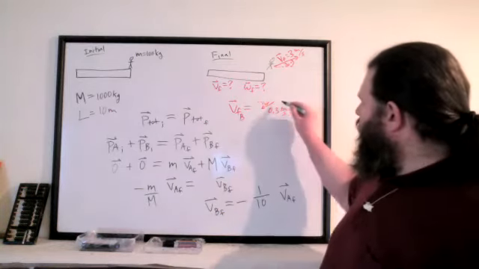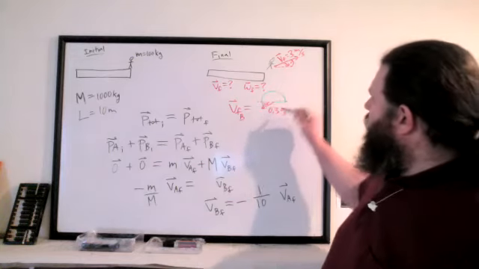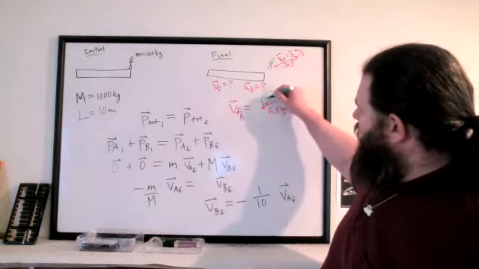Or you could measure it in standard position. From the positive x-axis, this angle would just be 30 plus an extra 180, so that'd be 210 degrees.